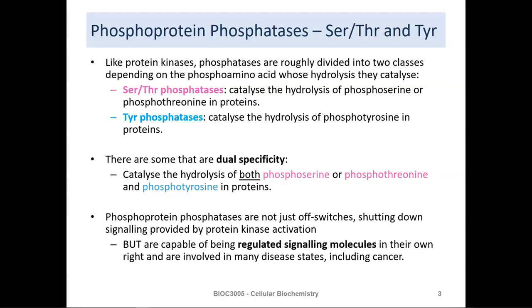Tyrosine phosphatases catalyze the hydrolysis of phosphotyrosine in proteins. There are also some phosphatases that have dual specificity. They catalyze the hydrolysis of both phosphoserine or phosphothreonine and also phosphotyrosines in proteins.